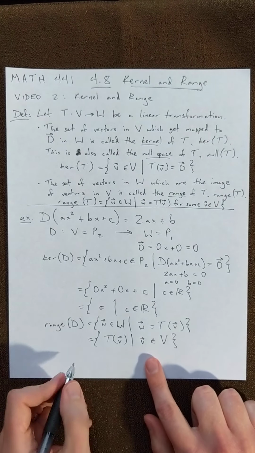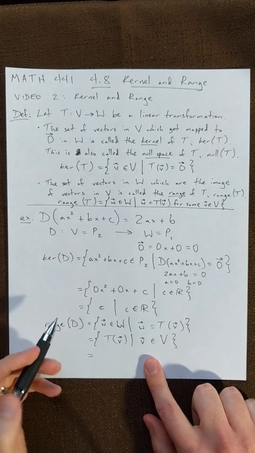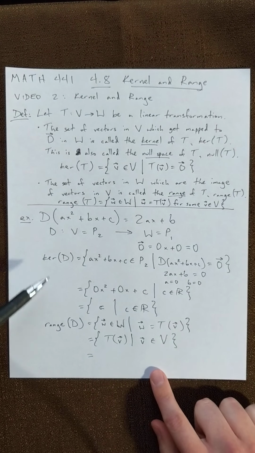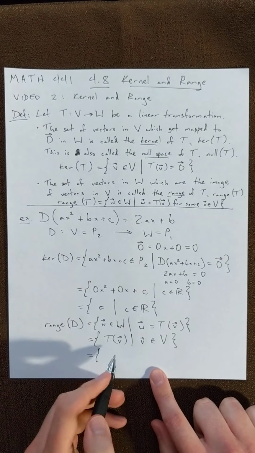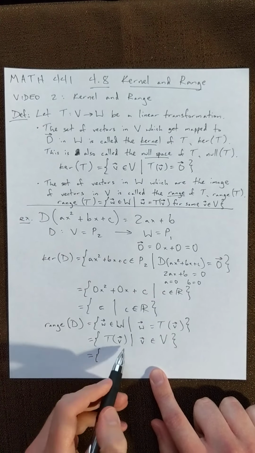And if we think about it this way, the range of D, this particular D, is going to be the set of all outputs. T of v would look like 2ax plus b, where v is in V, meaning ax squared plus bx plus c is in the vector space V.